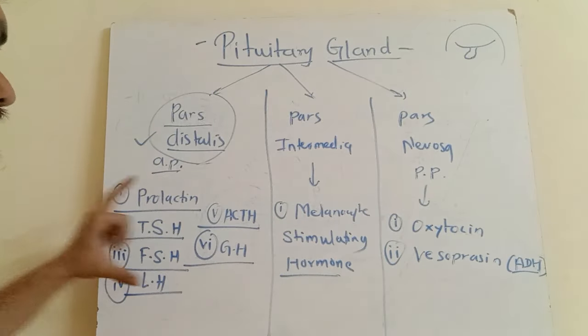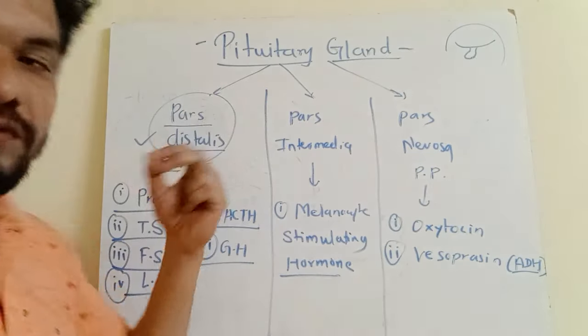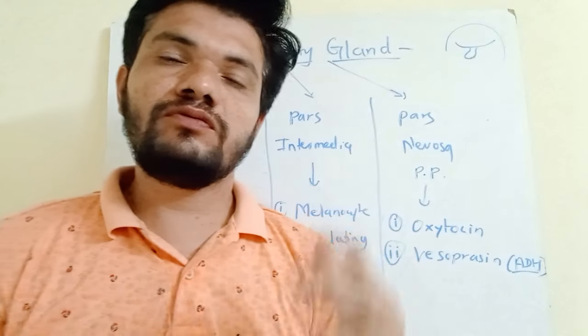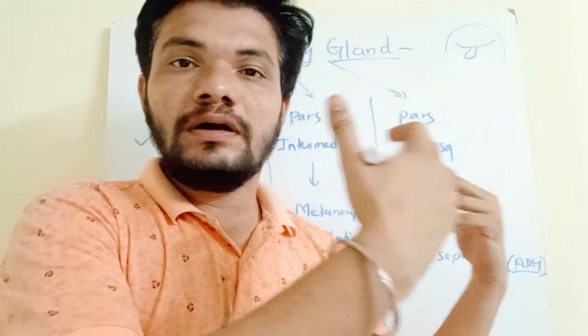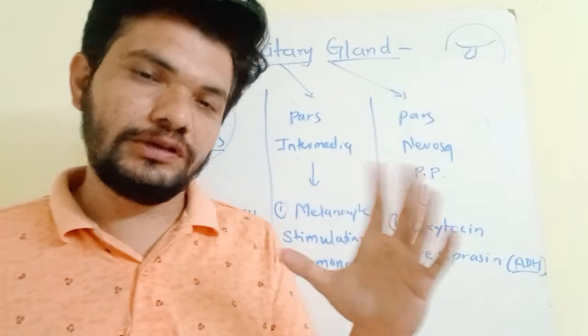So these six, seven, eight, nine hormones are secreted by the pituitary gland, which is the master gland of the body, responsible for the secretion of the other hormones secreted by various glands present in the body.